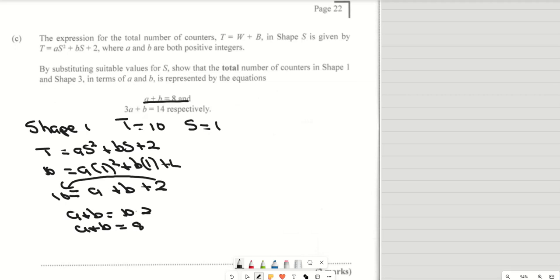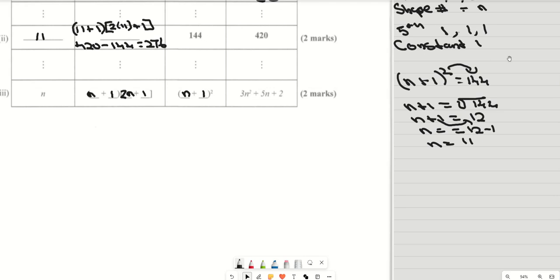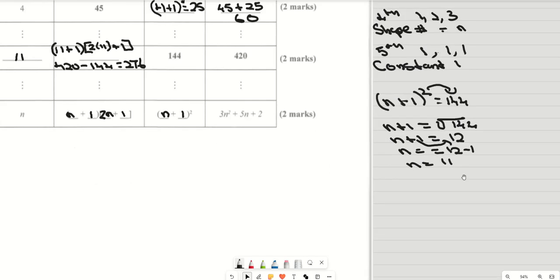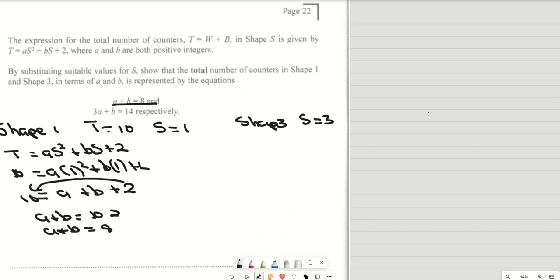For shape 3, S is equal to 3, and using the table that we have here, what was the total? For shape 3, your total was 44, right? T is equal to 44. You are going to put it in the formula here. So we have the formula T is equal to A to the power of S squared plus BS plus 2.